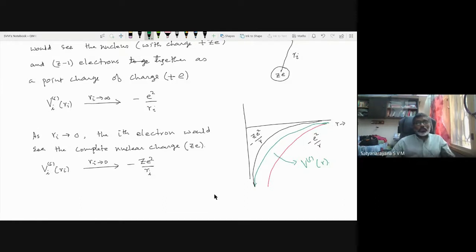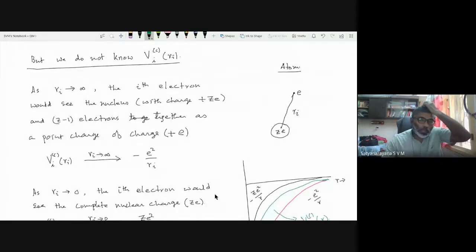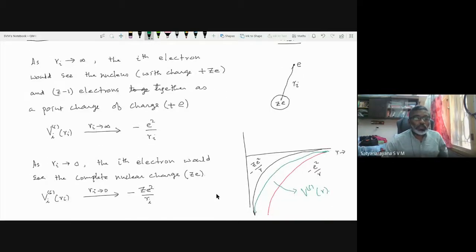Now, what kind of function will do this job is at this moment arbitrary, and we have no way of determining that function. But there are methods in quantum many body theory, and people do a lot of work even just to determine what this central field potential should be.